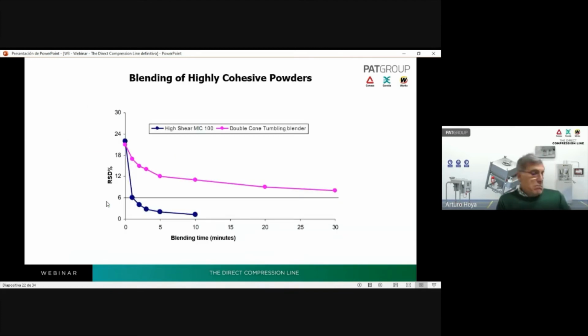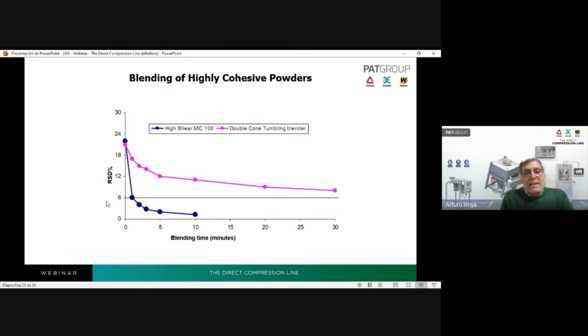And here we show a comparison. This graph shows the same formula, the same product, the same batch of excipient, the same batch of API, but the blending made in a double cone tumbling blender and in a high shear MIC 100.